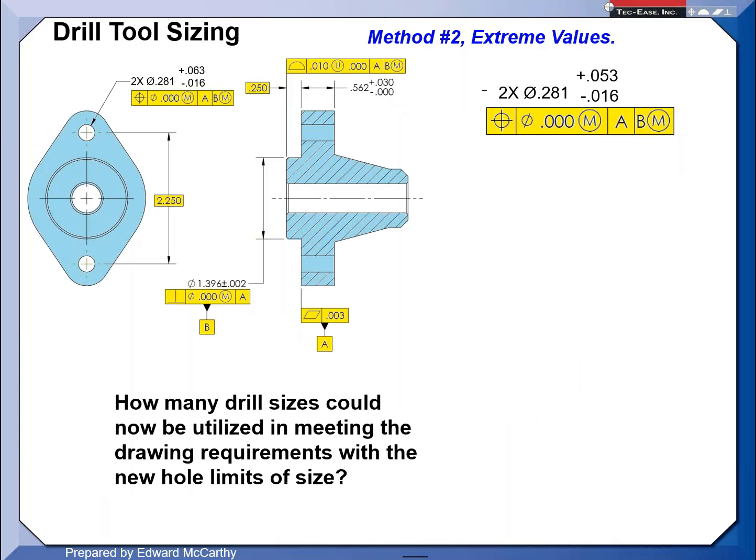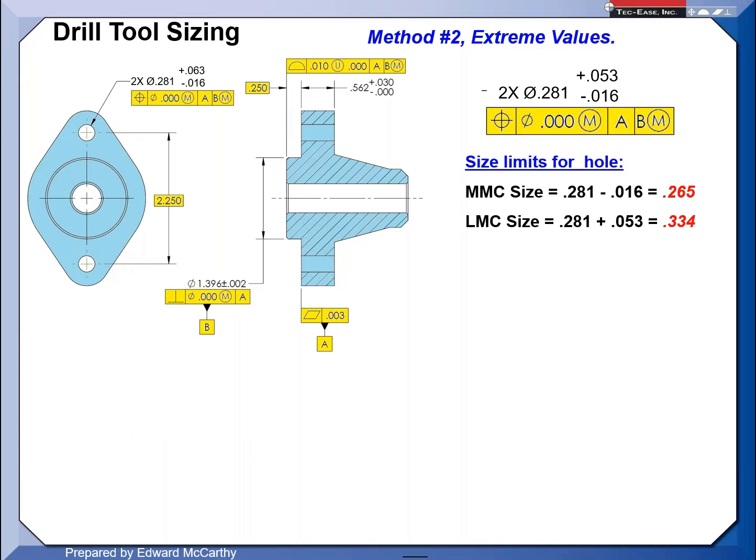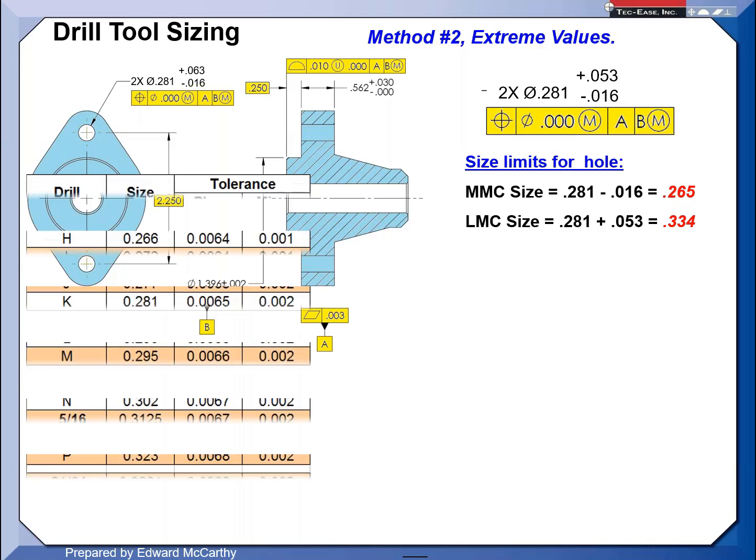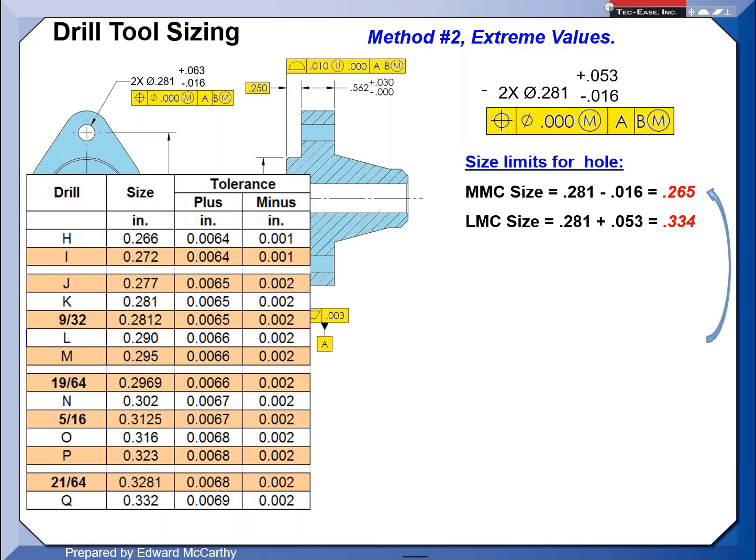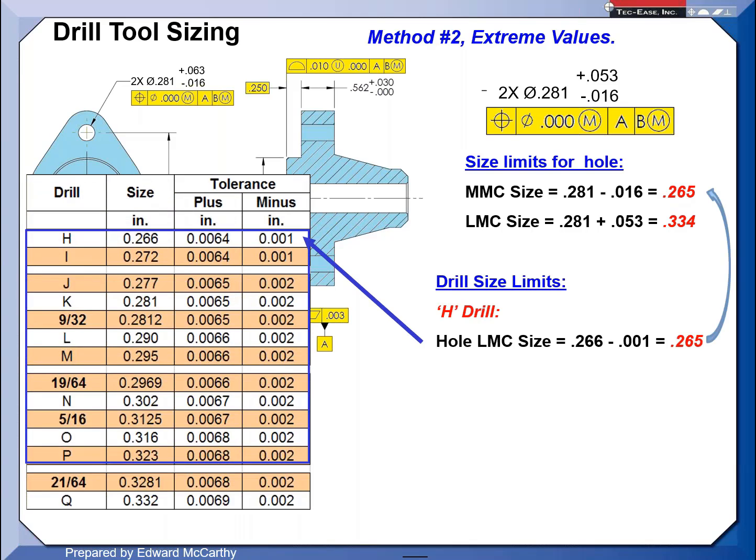So now with that being said, how many drill sizes? We can now make a comparison to producibility based on our new value here for how big the hole could be, size only, compare it to the producibility chart. In this case, the lower limit didn't change, 265.